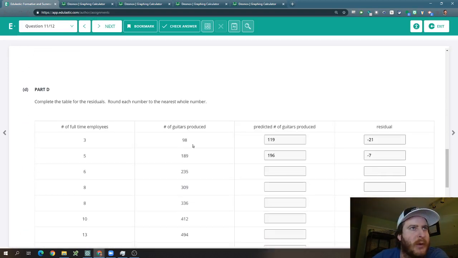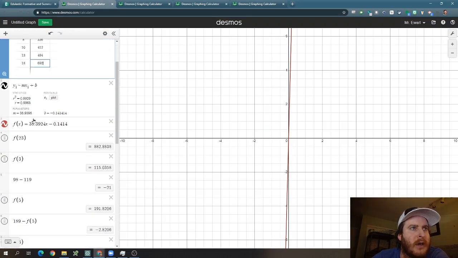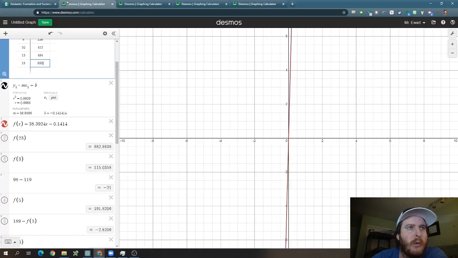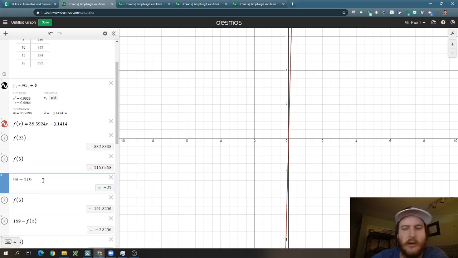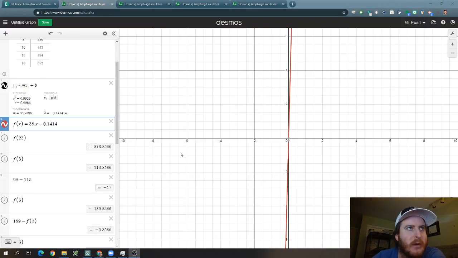And so then my answers in part D that I started were also wrong. F of 3 would have given us 115, and then we would do 98 minus 115, which would have given negative 17. And actually, those answers are still wrong. I made a bunch of mistakes here, so sorry about that, guys, because I forgot to change my f of x. So my f of x is really 38.9596x.